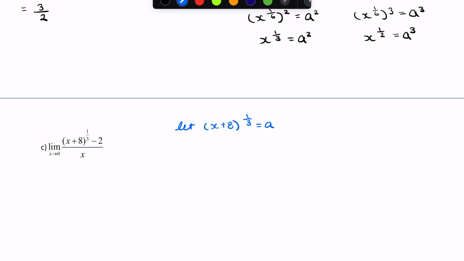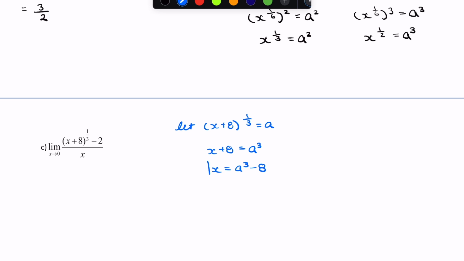So usually you make the thing that seems to be the most complex equal the variable, and in this situation it'd be x plus 8 to the power of 1 over 3, and we sub that in to equal a. Here we can see that if we cube both sides, then we would get x plus 8 is equal to a cubed. And there we see x is equal to a cubed minus 8.